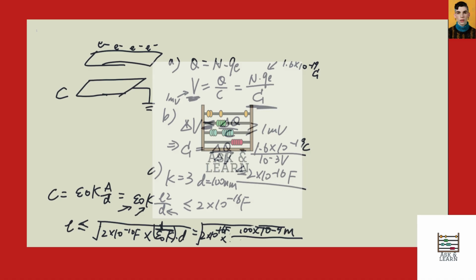In the denominator, K, which is 3, and then epsilon, which is 8.85 times 10 to the negative 12 farad per meter. So we take this and we find that this is 7.76 times 10 to the negative 7 meter. It's around 0.8 micrometer.